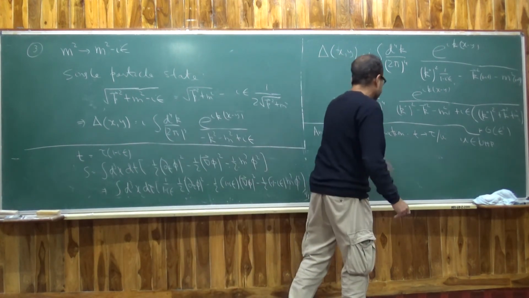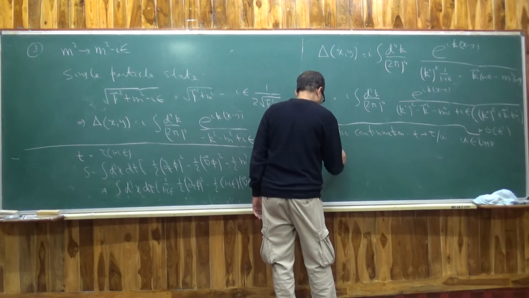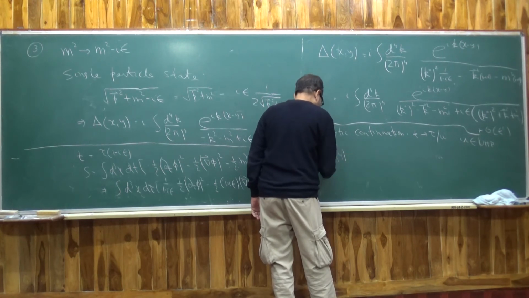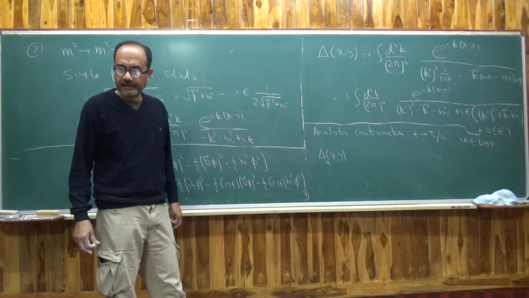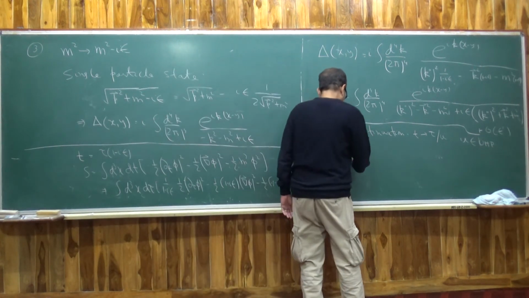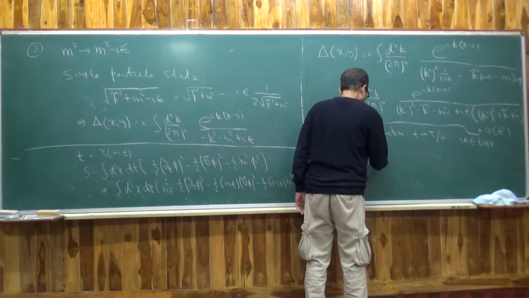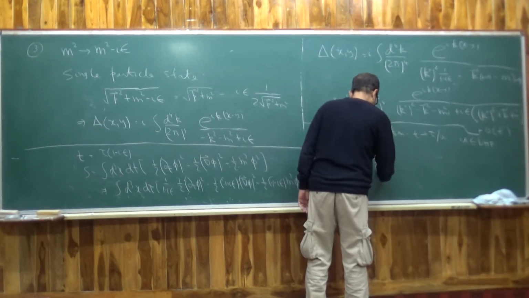So, by following the same line of argument, we can check that delta xy, let me now add the subscript u, because of course it will depend on u eventually. At the end you have to take the u goes to 1 limit. So this is i integral d4x d4k over 2 pi to the 4.